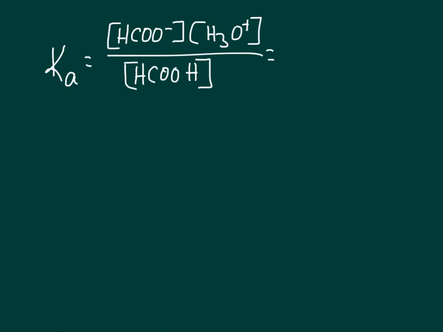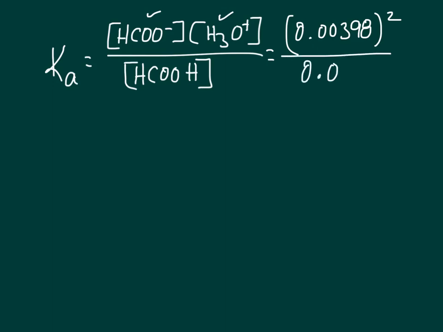Once you get to this point, life is pretty easy. So our 0.00398, I'm going to say it's squared because that's the same number for both of those, and then over our concentration at equilibrium, 0.096. We calculate that and we get 1.65 times 10 to the negative 4th. That should make some pretty good sense for this.